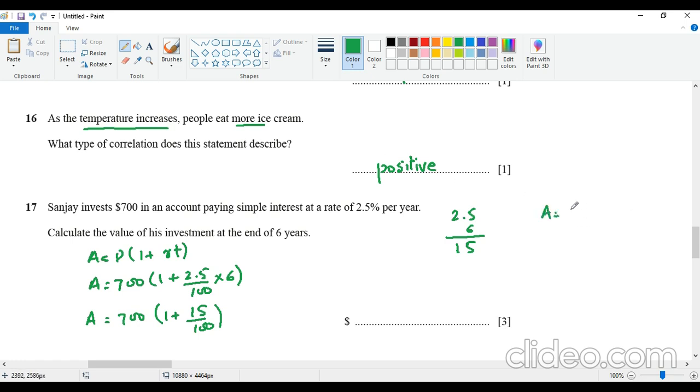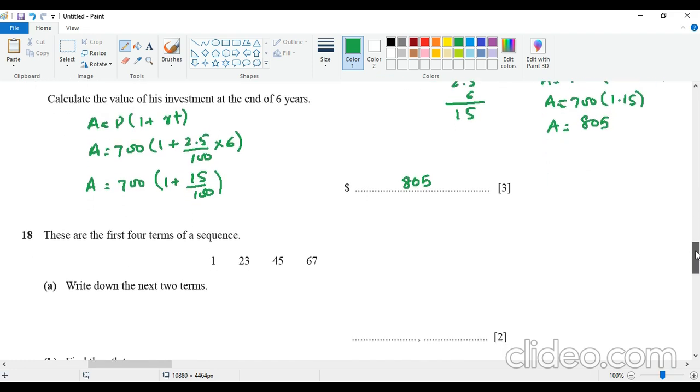So the amount is going to be 700, and since it is 15 over 100, it's going to be 0.15. So A equals 700 multiplied by 1.15, and when we multiply 700 by 1.15, you will get $805, which is the correct answer.